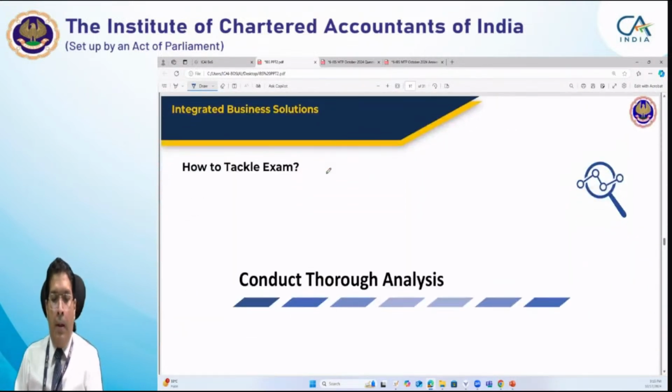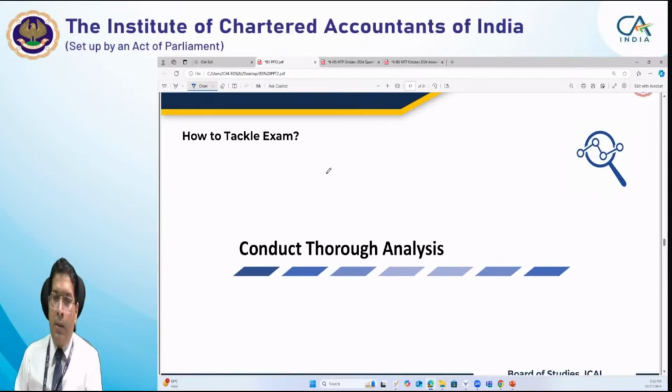Next is to conduct thorough analysis. It is very important because after reading the case study, you have to find which model is applicable here. For example, in this case study, supply chain management was applicable.